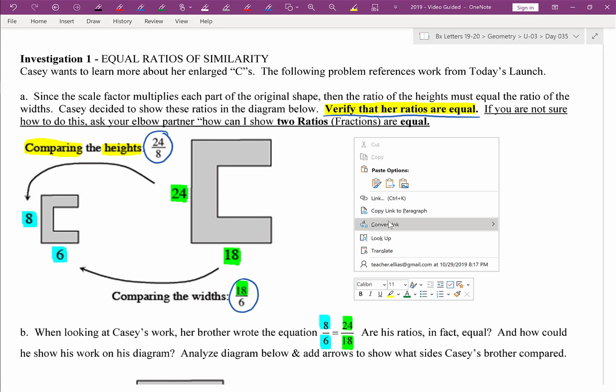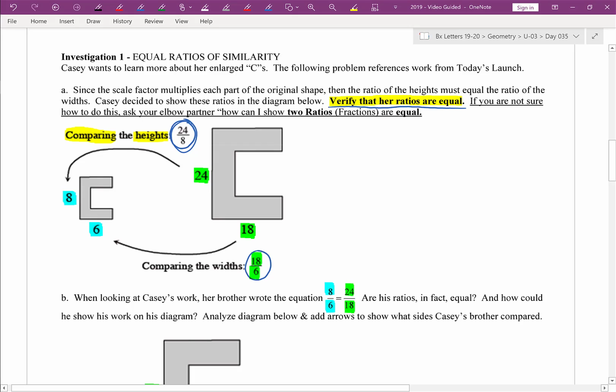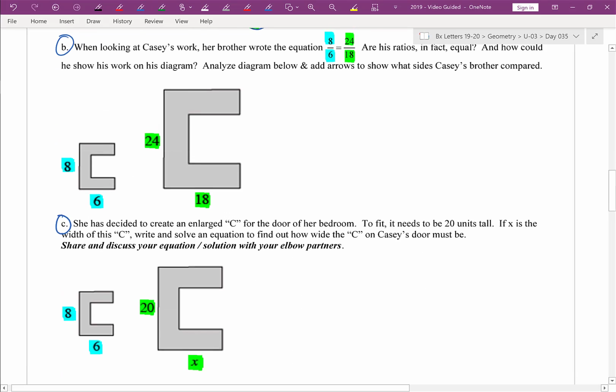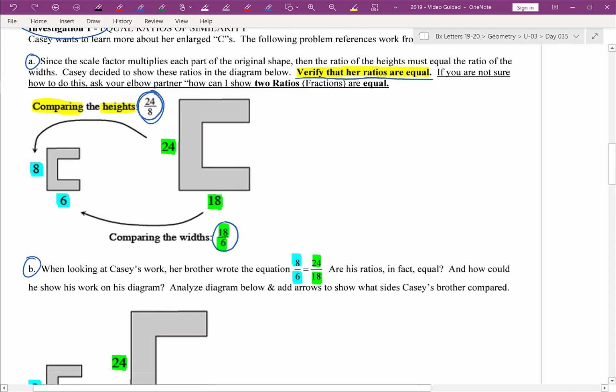So just verify that these two ratios are the same. Go as far as you want and then come back to the video and we'll talk all of this out. I think we're going to do all of investigation 1, which is this A, this B, and this C. You can pause it and come back whenever you feel it's necessary.